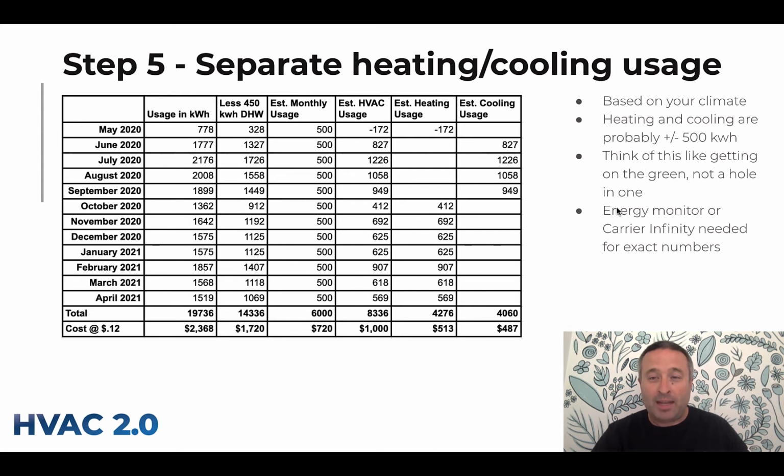Now, if you want to be dead on, you need to get an energy monitor, or the Carrier Infinity, or all the ICP brands, top of the line. It's the Ion Control, I believe. That records usage for HVAC. In that case, it does heating, cooling, air handler when it's just the air handler running, resistance heat, and also reheat resistance electric for reheat dehumidification.